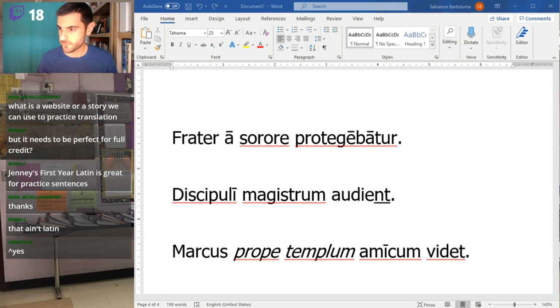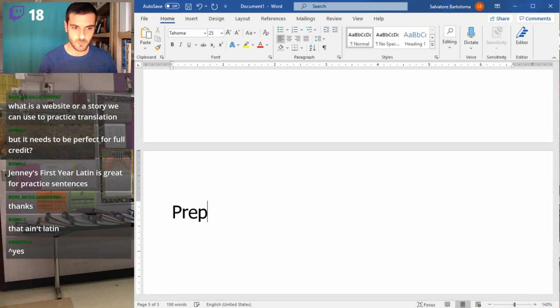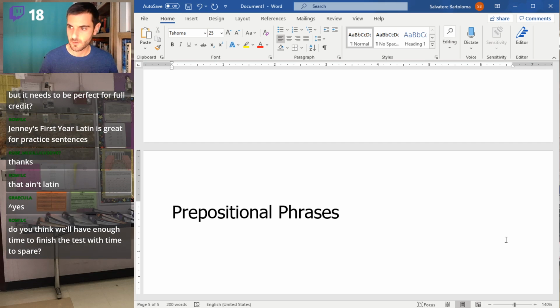There was a request for some prepositional phrases, so we can definitely do a couple of those. If you are rocking and rolling, Rowan, the way you should be, I don't think time will be a factor.